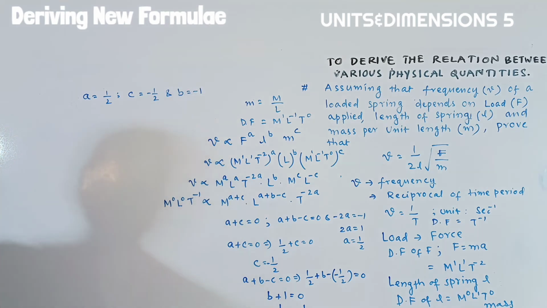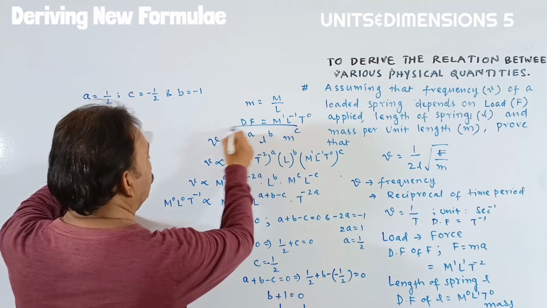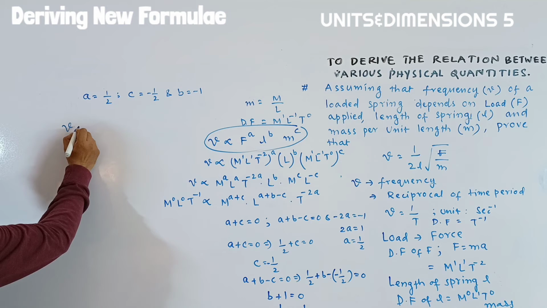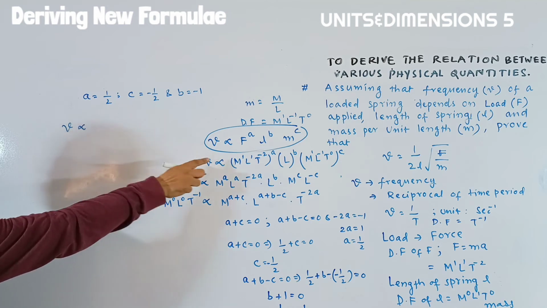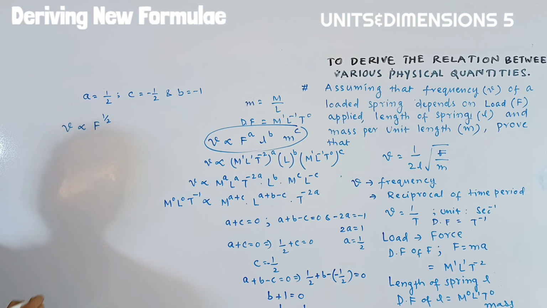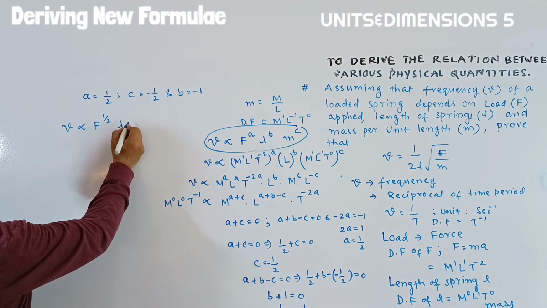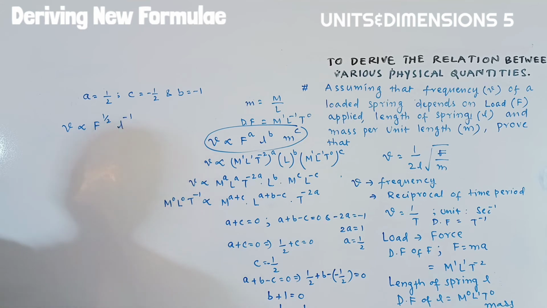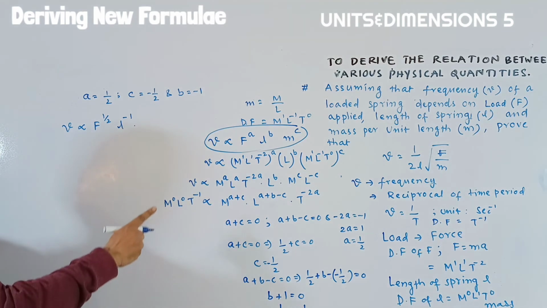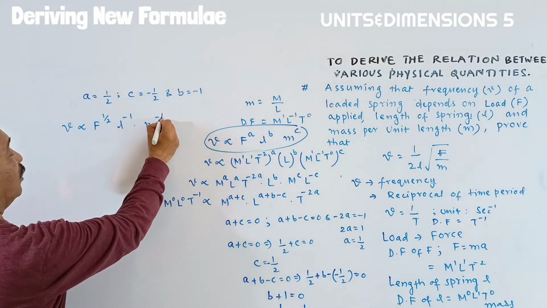Okay, students, now we have to substitute all this in this relation. That is, nu is proportional to F, force to the power of half, L to the power of minus 1, and M has a power of minus half.